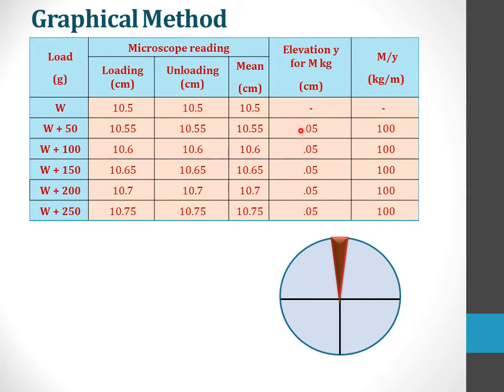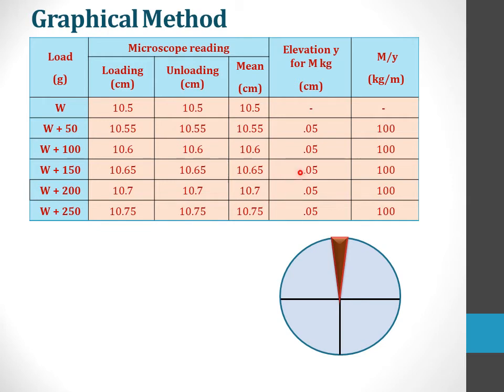The readings which are written in the elevation column are obtained by taking the difference between every two successive readings which are there in the mean column.